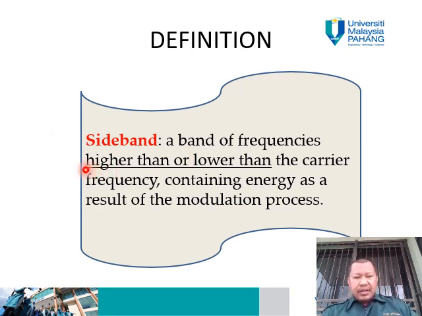It has lower frequency and higher frequency than the carrier frequency. The higher is known as the upper sideband, and the lower frequency is known as the lower sideband.